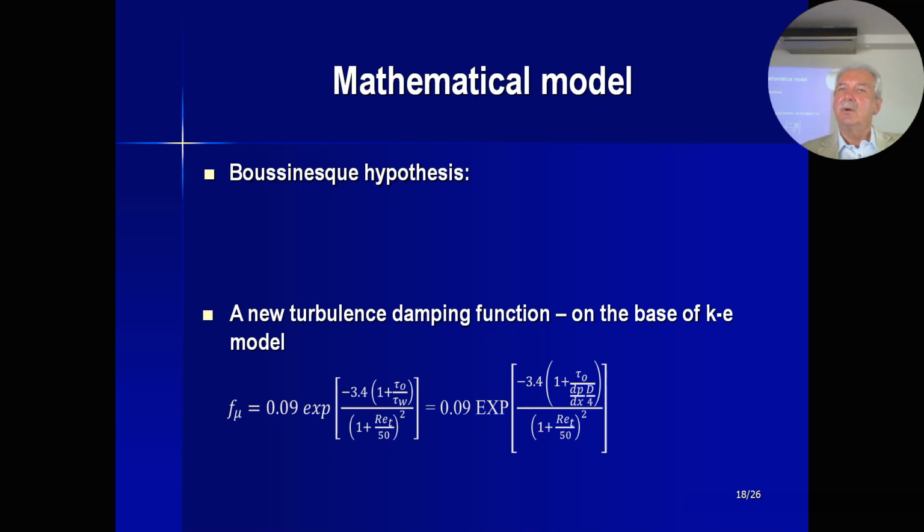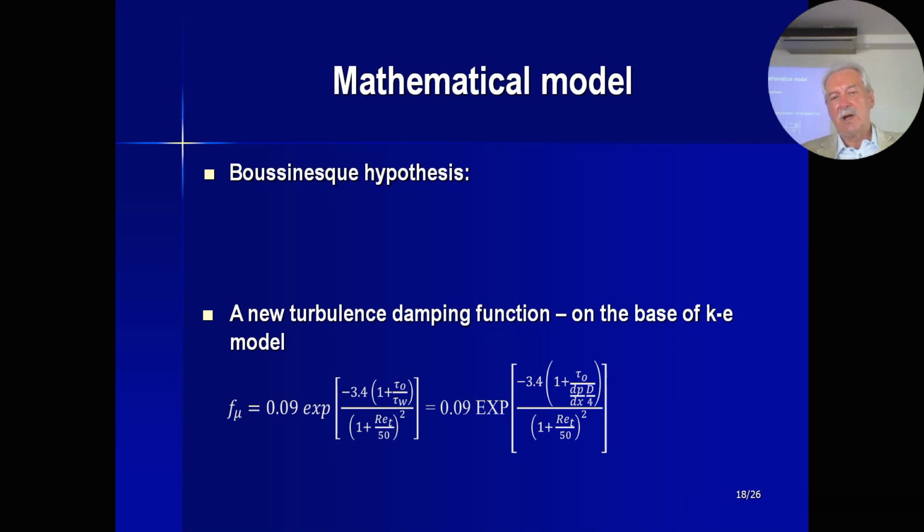And there is also damping function, which we call wall damping function, or function of damping of turbulence at the pipe wall, etc. But this function is modified for the case when we expect that suppression of turbulence appears in such kind of suspension flow.